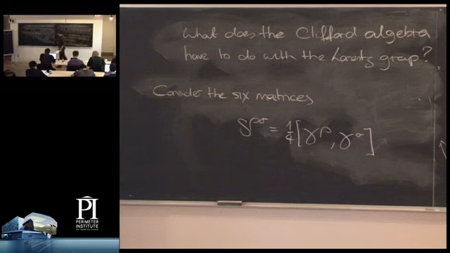Okay? So remember, these gammas anti-commute to give 1 or 0. They anti-commute to give the eta rho sigma. But here we're going to commute them instead. So why are there 6 matrices here? There's 6 matrices because obviously if rho and sigma are equal to each other, this gives 0.